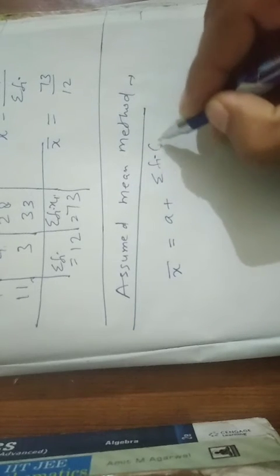So first we discuss the formula for the assumed mean method, or it is also called deviation method. So dear students, formula for this method is x bar is equal to a plus sigma fi (xi minus a) upon sigma fi. Dear students, in this formula xi minus a is the deviation of xi from assumed mean, and this deviation is multiplied with corresponding frequency fi.